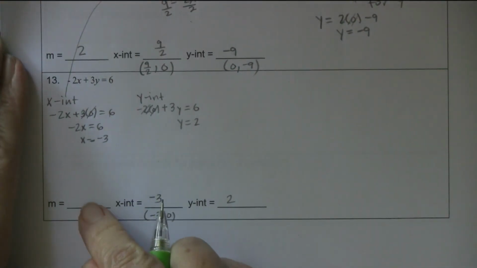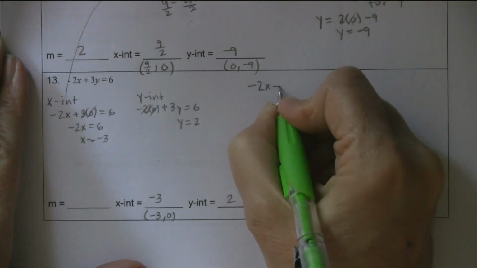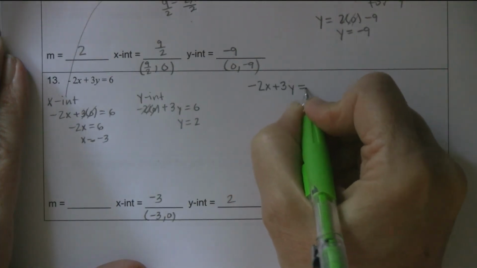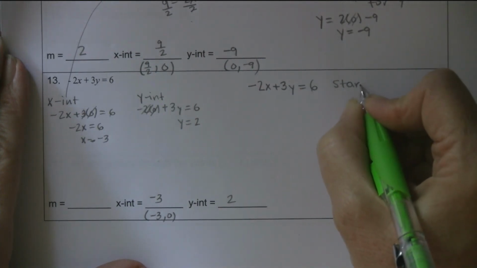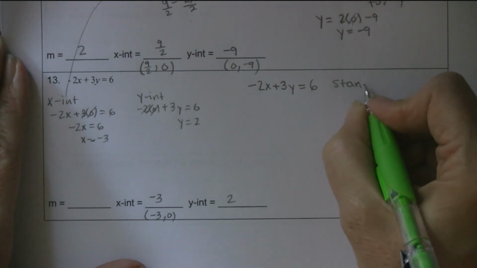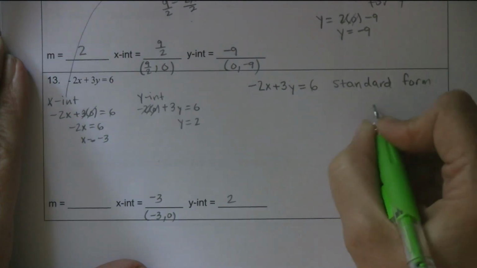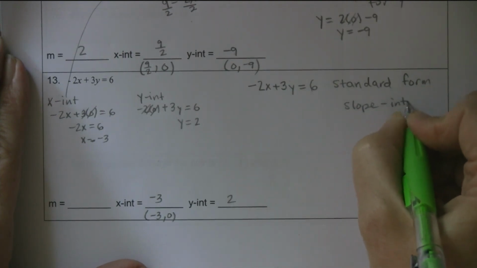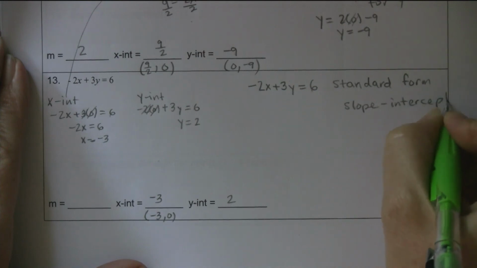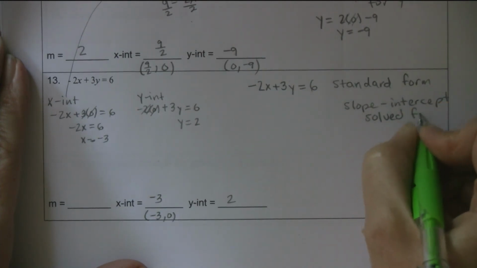You can't find the slope in standard form. What you have to do if you want to find the slope is rearrange this equation from standard form into slope-intercept form, which means solve for y.